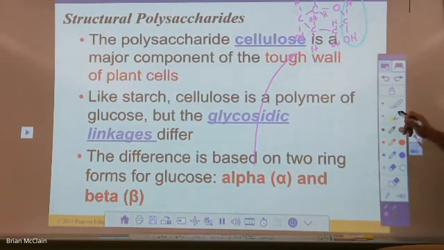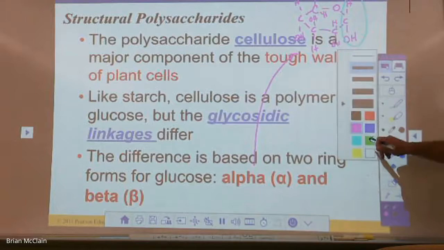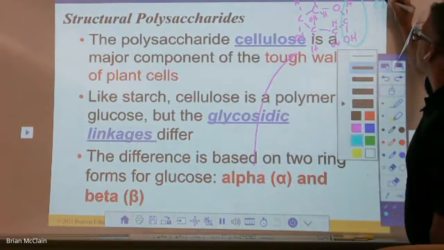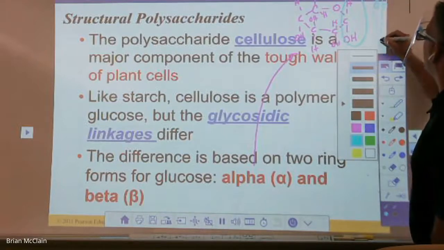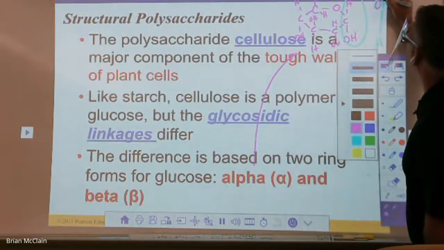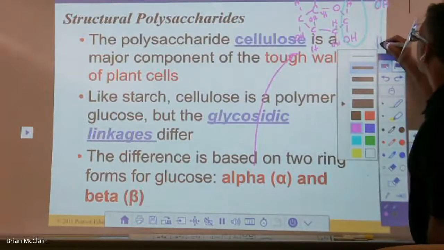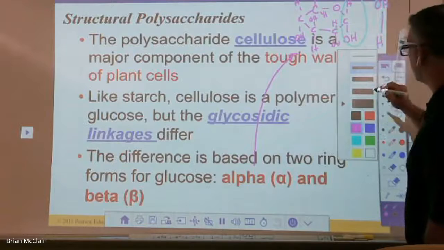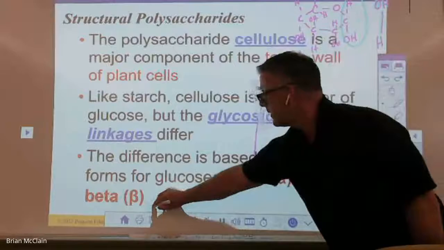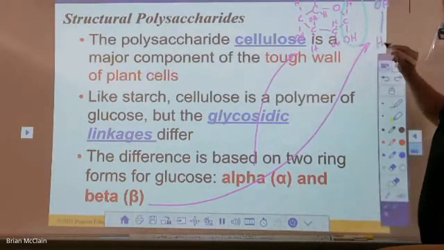If I switch this and I just do this orientation, so instead of having the OH facing down, and I change the orientation on that one right there, this change in orientation just at that position is going to be what makes it beta.